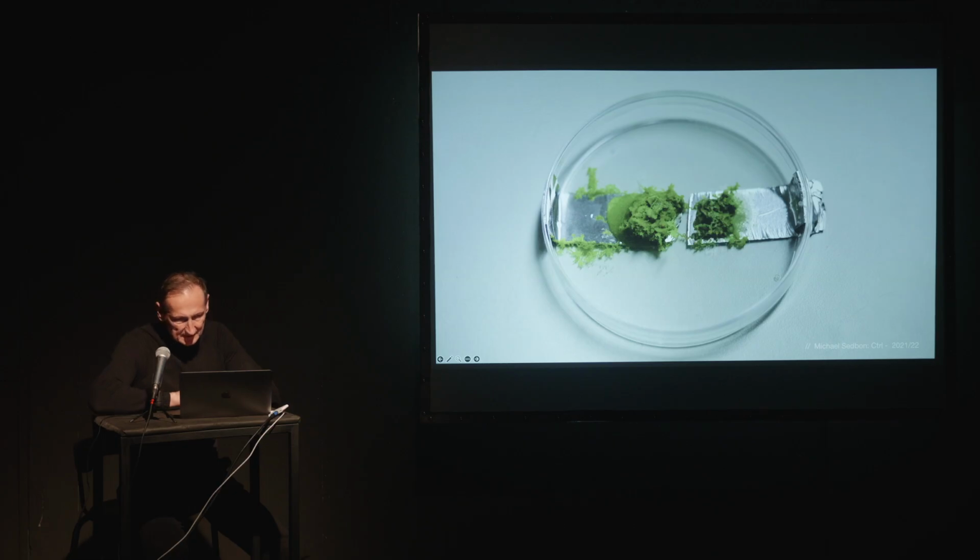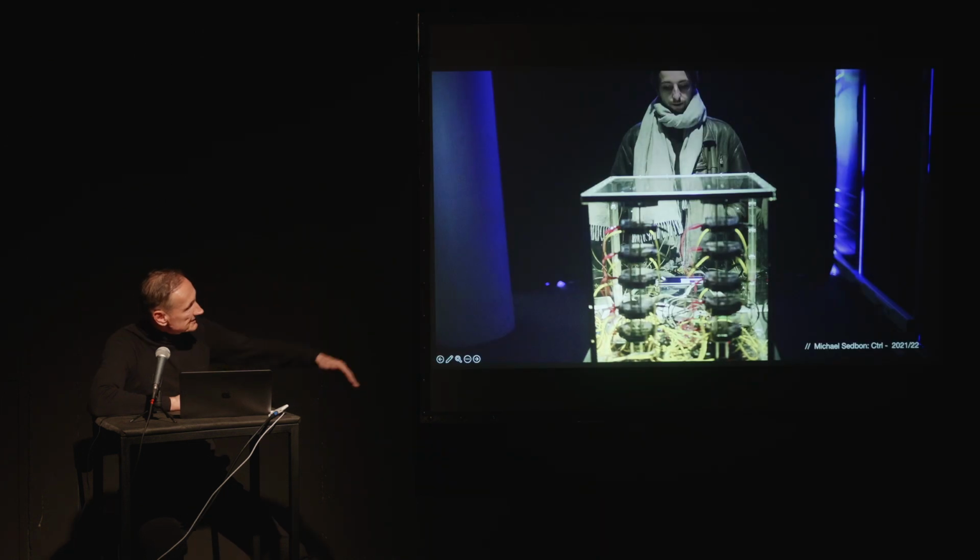I have here selected a detail of a work of Michael Sedmon, where he was using slime mold. What we see here are actually 2 very simple electrodes made of alu foil, and the slime mold growing on it, and he combined it in a stack.